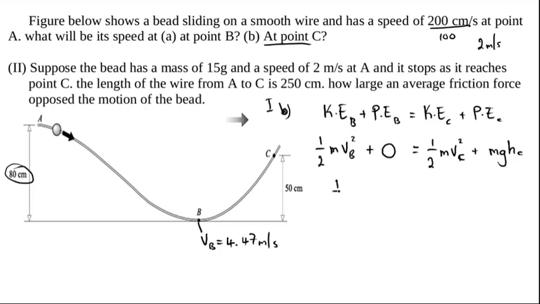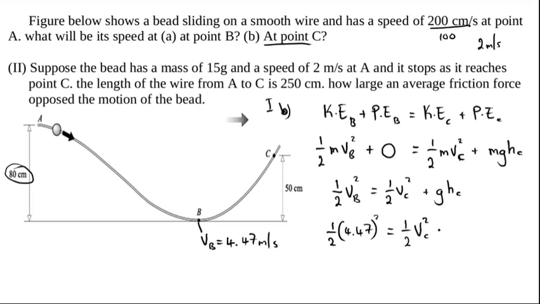So we have half v at B squared equal to half v at C squared plus g times the height at C. So half multiplied by 4.47 squared is equal to, looking for the velocity at C, 10 times, what is the height at C? The height at C is given as 50 centimeters. This is just 0.5.